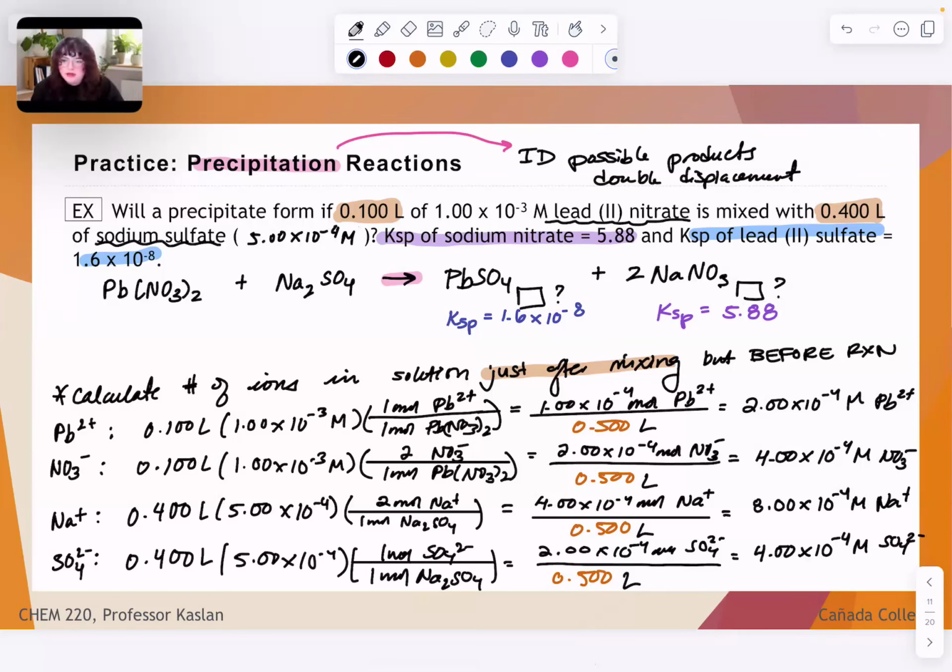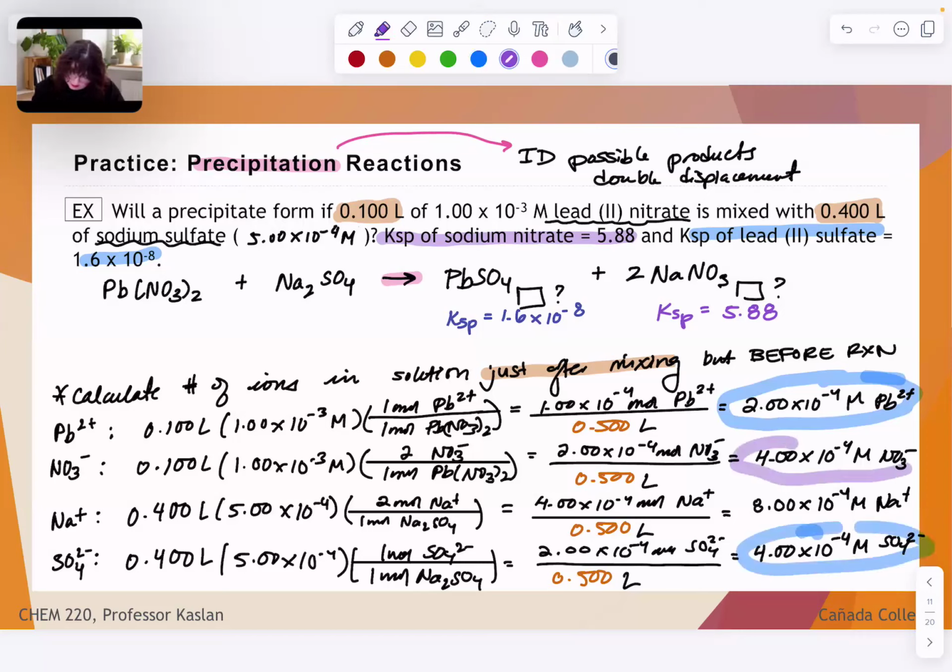And now we need to take all of these molarities, specifically for the lead and for the sulfate, and then respectively the sodium and the nitrate, and figure out what our Q is for each of these. And only through comparing our Q to K can we determine if one or more of these things will form a precipitate.